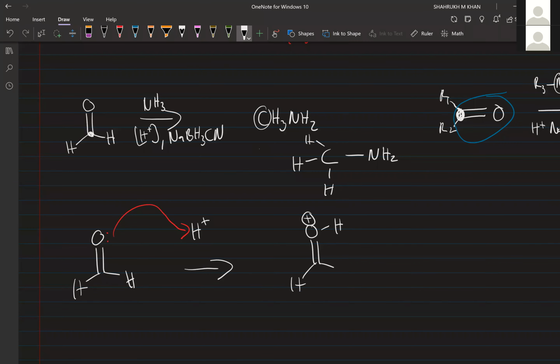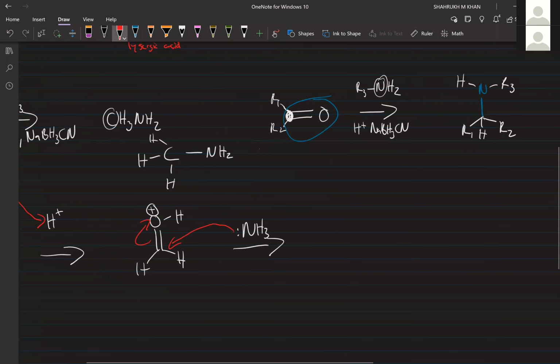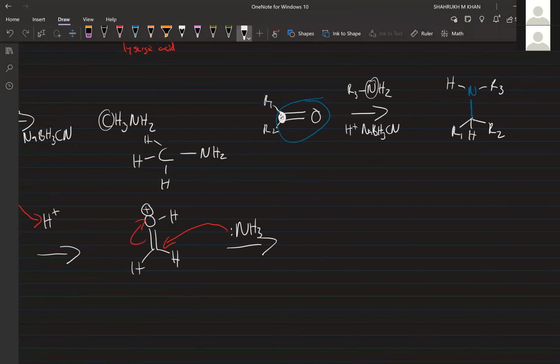H and H. Now we could have our ammonia attack the molecule, that's going to do here. That's going to kick this up. And now we have our first intermediate. Does everyone remember what this kind of intermediate is called?